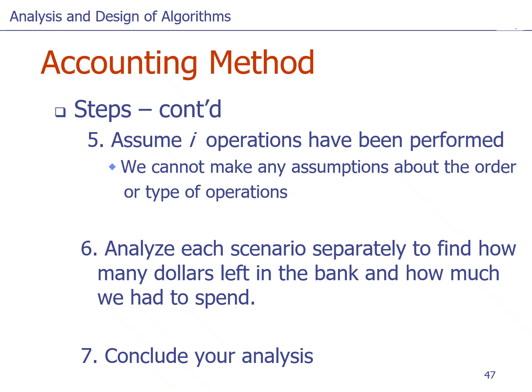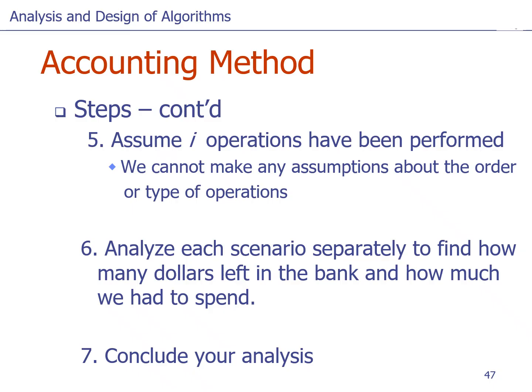Now, step number five, you will assume that I operations have been performed, and we will not assume anything about what happens in those I operations in terms of the interleaving, operation 1 followed by 2 followed by 3, or 2 followed by 1 followed by 3. Neither will we make any assumptions about the fast and the slow ones, how many they are.